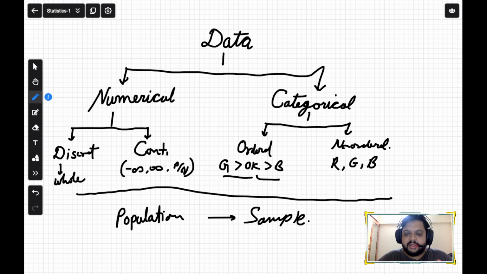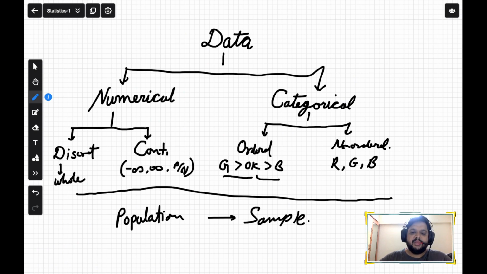So this is the very basic building block, and we'll be utilizing this entire thing throughout our course. Even when we jump to the machine learning part, we'll be directly saying that look, this is categorical, and as it's ordinal categorical, we'll be using this method. If it's categorical and non-ordinal, we'll be using that method. And if it falls to the numerical, if it's discrete, then it will go to a kind of classification or clustering. If it is continuous, we'll go for regression, something like that.